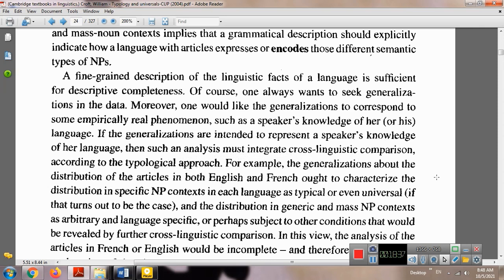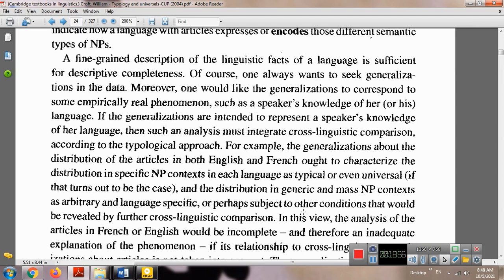For example, generalizations about the distribution of the articles in both English and French ought to characterize the distribution in a specific noun phrase context in each language as typical or even universal.